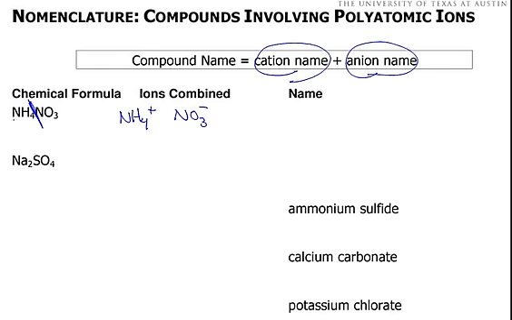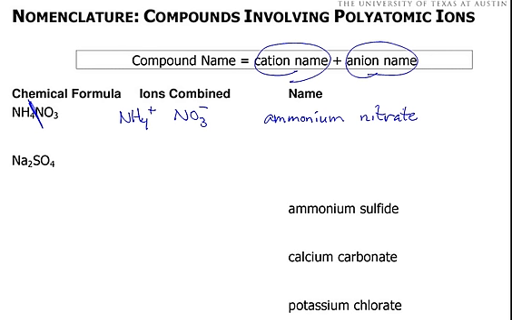Again, we break it into the cation, the plus side, and the anion, the negative charge. Then we name each. The NH4 plus is ammonium, and the NO3 minus is nitrate. And yes, I had to memorize those. So we have ammonium space nitrate as the name of NH4NO3.